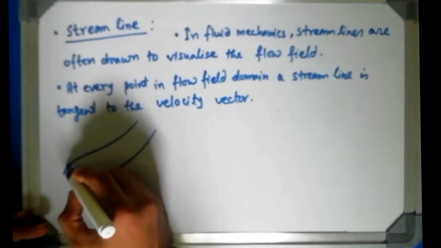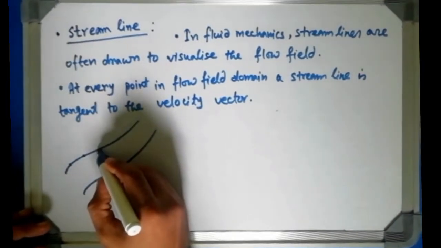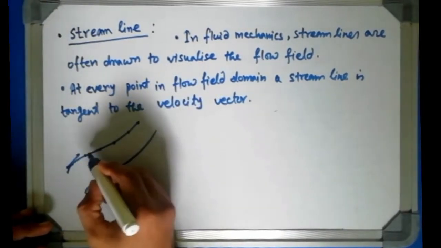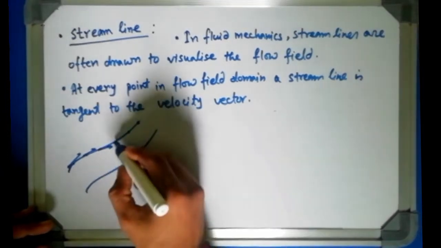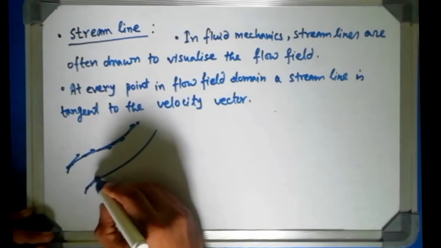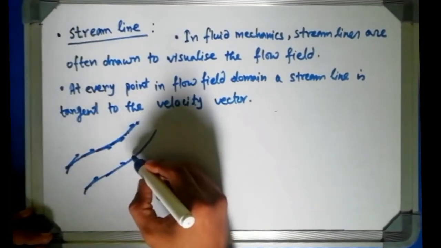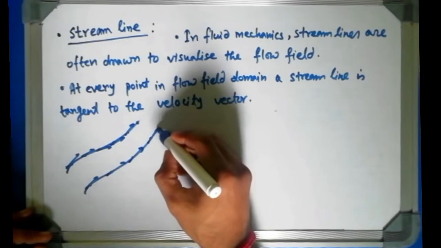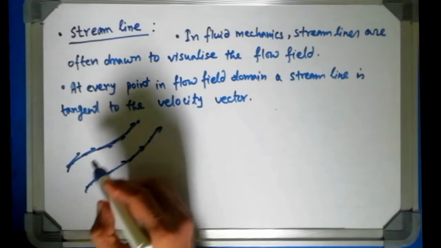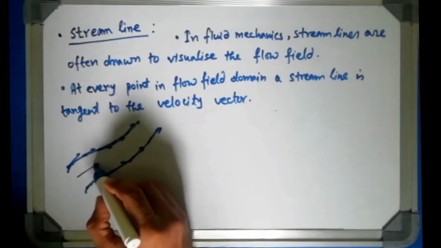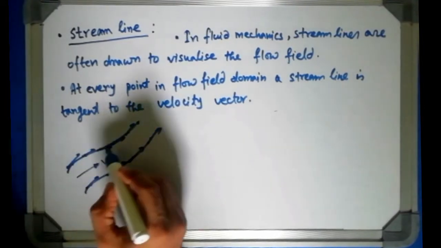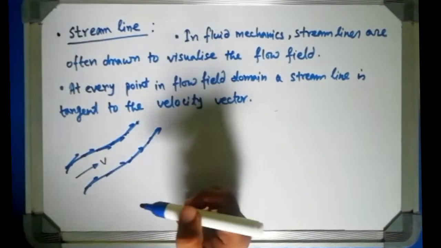Now, at every particular point, if I draw the tangent like this, every point, if I draw the tangent in this manner, now the velocity of the fluid was in this direction, and I am drawing at every discrete point a tangent of that particular velocity vector.